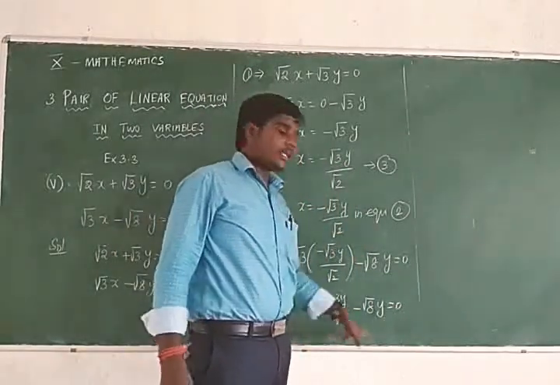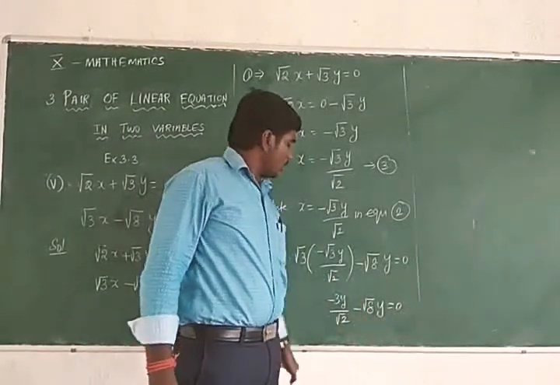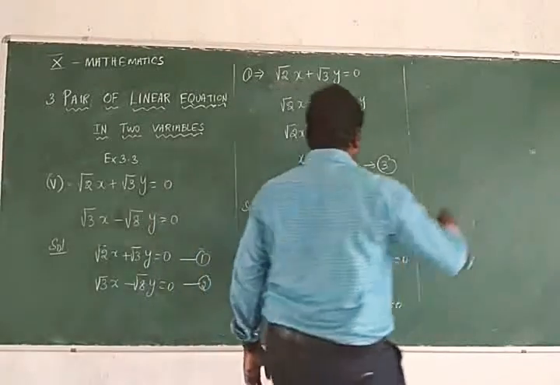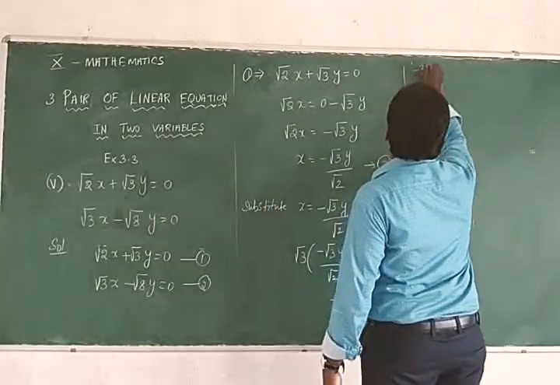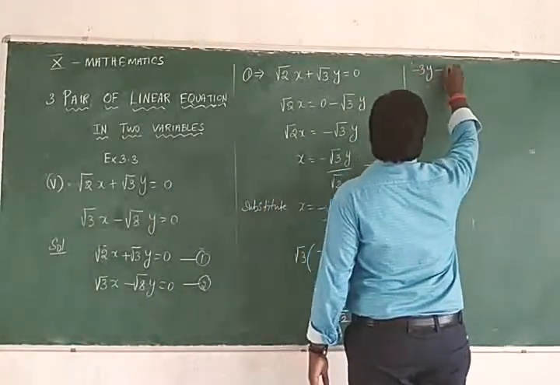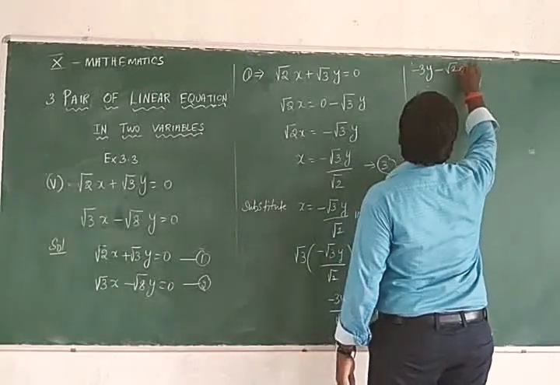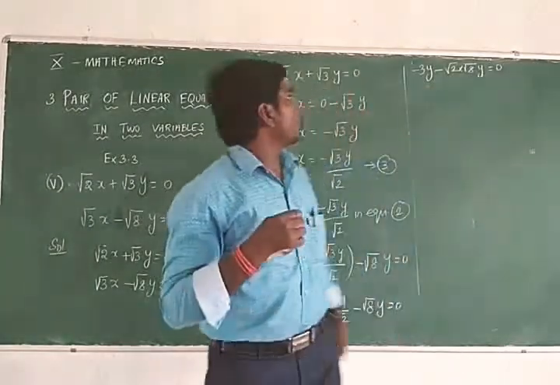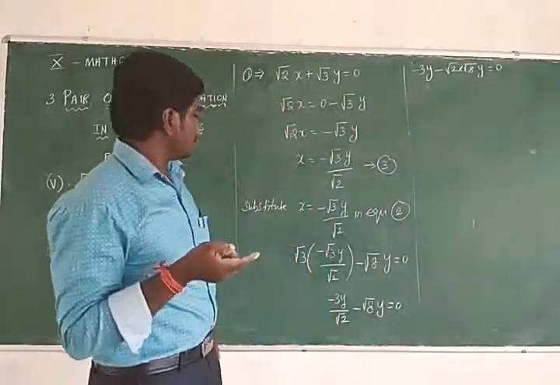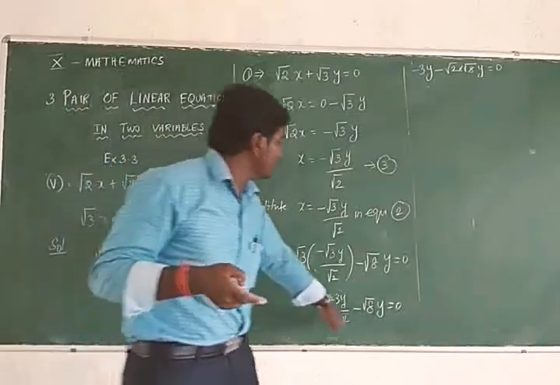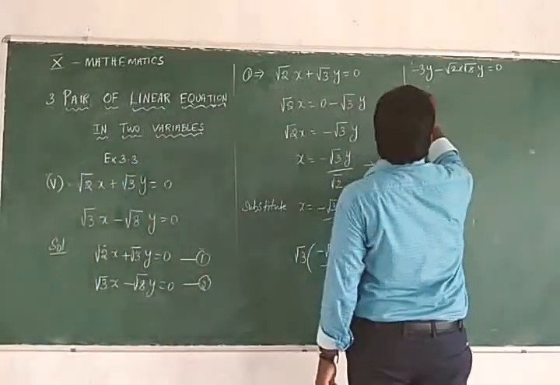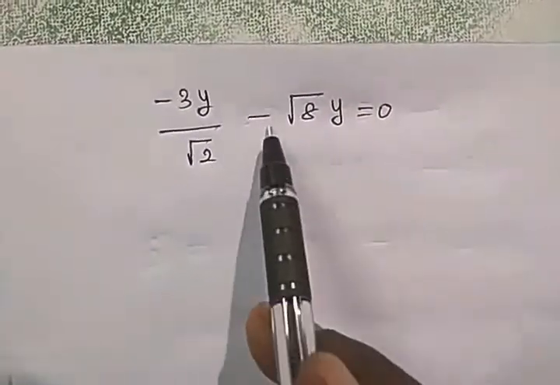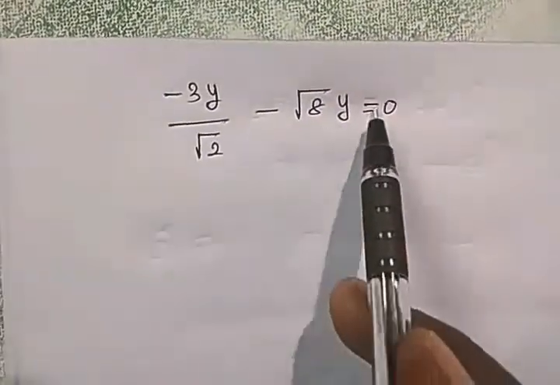Okay, so it is a fraction, it is one whole number. So cross multiplication: minus 3y divided by square root of 2 minus square root of 8y is equal to 0.